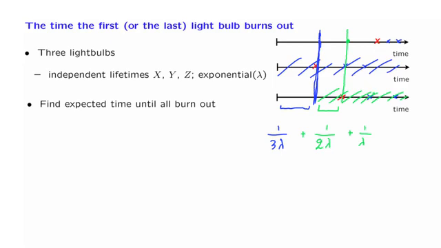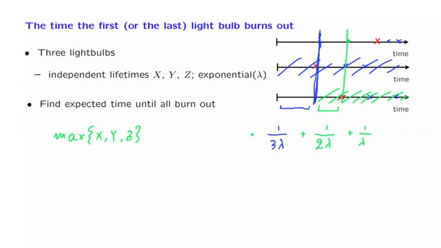This is a problem that would have been quite hard to solve in a more analytical way. We're dealing with a random variable which is now the maximum of x, y, and z, and the distribution of this random variable is not so simple to write down, so that would not be a very good approach for going about this problem.